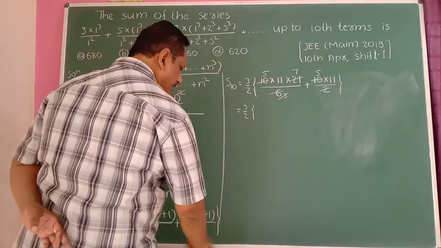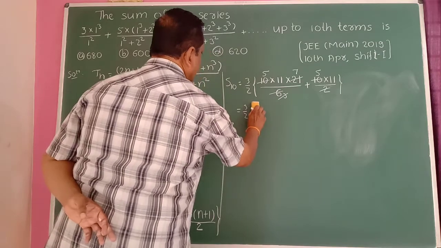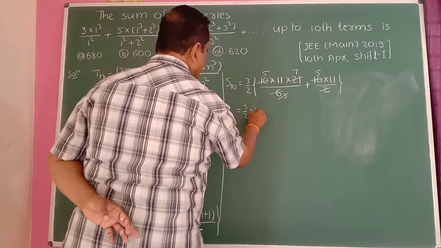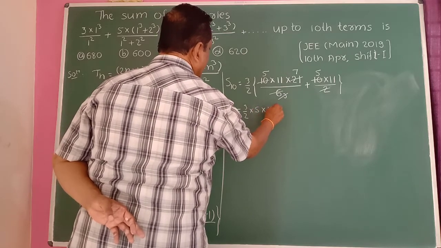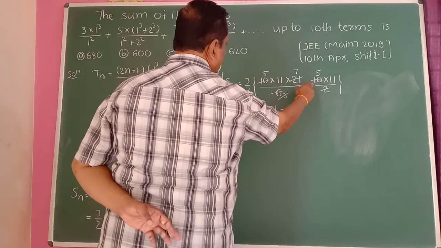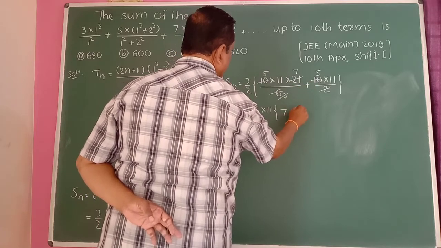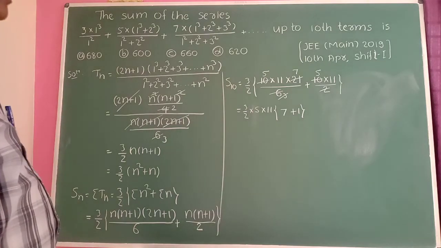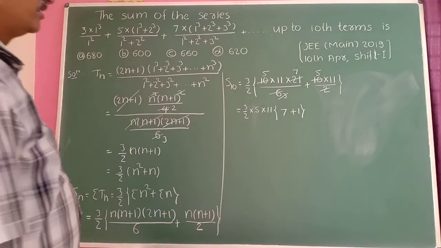Therefore, we can take a common factor, 5 into 11, here also 5 into 11. So 5 into 11 outside, then the remaining is 7 and 1.